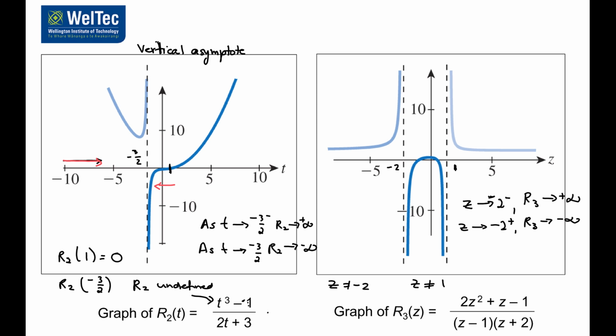Let's look at the other asymptote. So as z approaches 1 from the right hand side, so you want to get numbers a little bit closer to 1 from above, then we'd see that the function tends towards negative infinity.